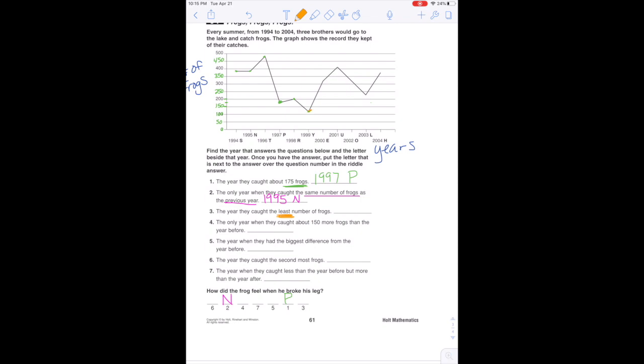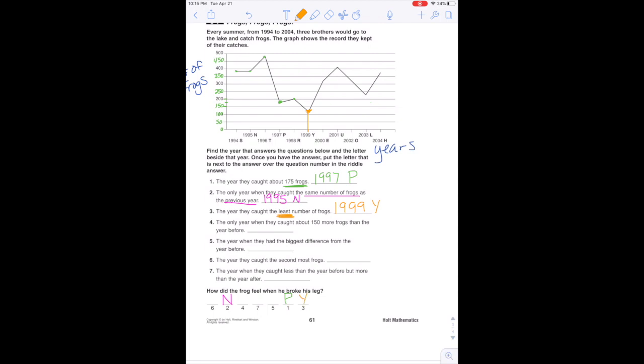And it is right here. So I'm going to trace that down to find out what year that is. That is 1999, and the letter is Y. So where number 3 is, I can put a Y.